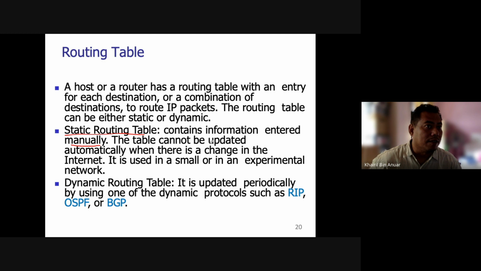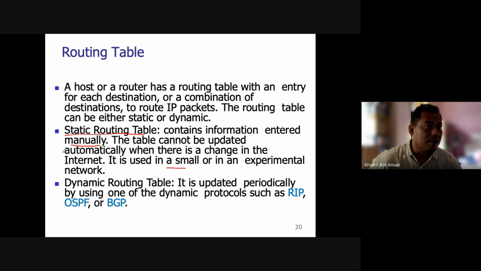So the table cannot be updated automatically when there are changes in the internet. It is used in a small or experimental network. Usually, even MMU is considered big, and you are unable to do that manually.